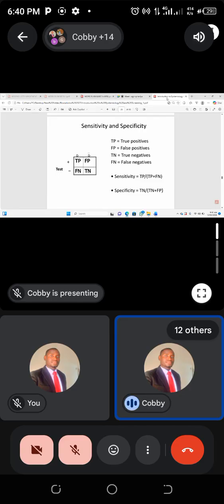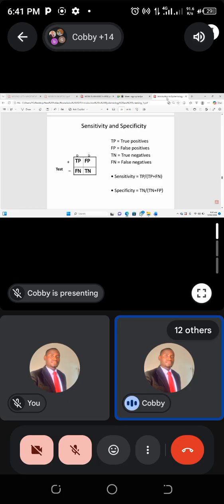When we are doing screening, the test that we use can identify those people who have the disease, and it can identify those people who do not have the disease. But it is not 100% that it will be able to identify all the people with the disease and also identify all the people without the disease.